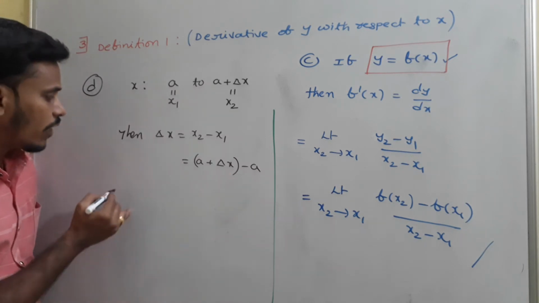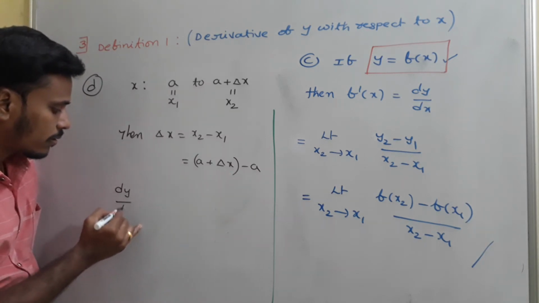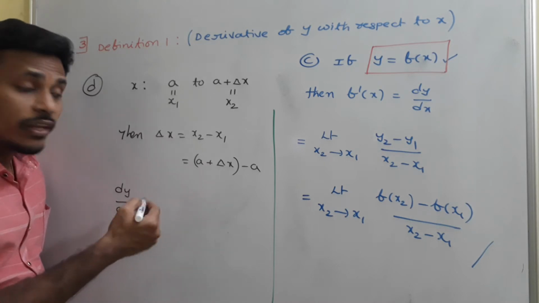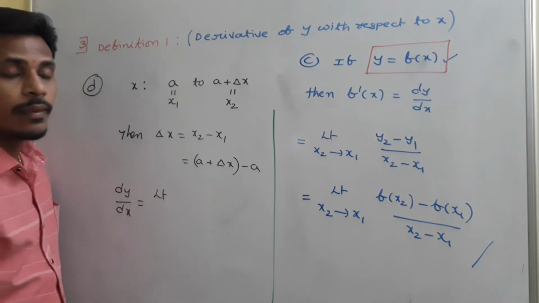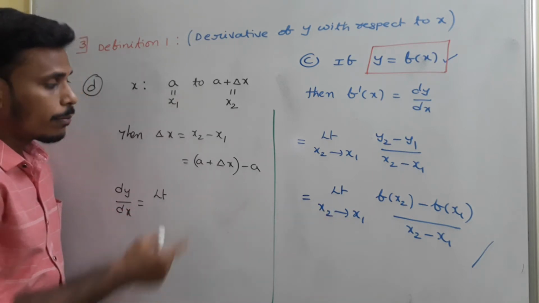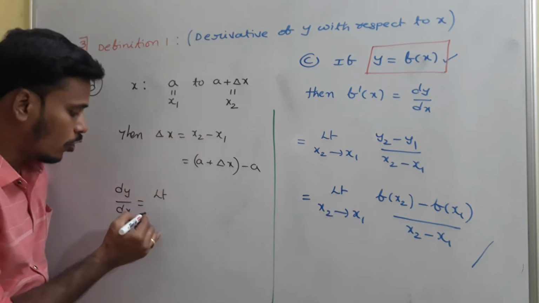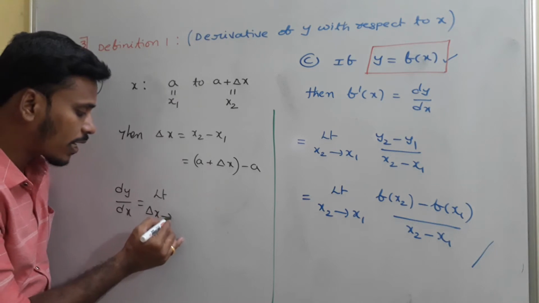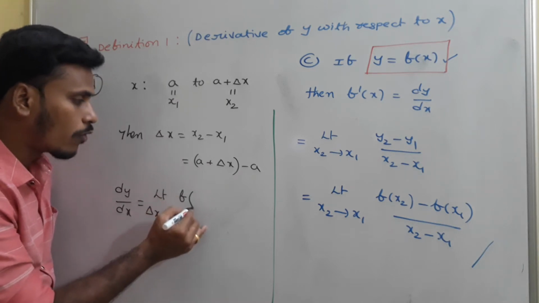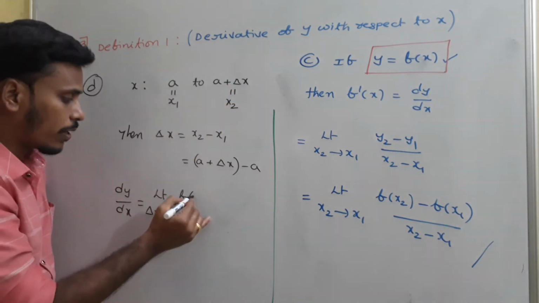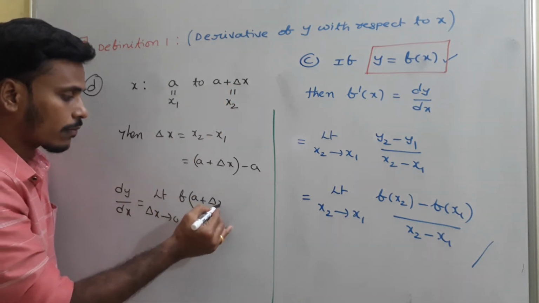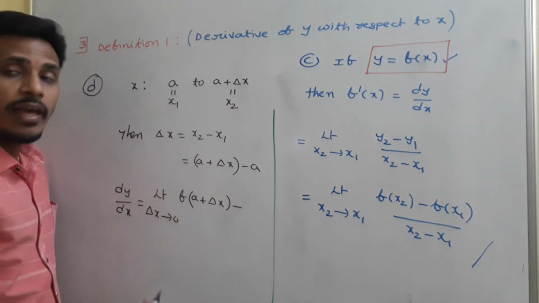So now this dy by dx can be rewritten as limit x2 tends to x1, meaning x2 minus x1 tends to 0, which in turn represents that delta x tends to 0, f of x2. What is x2? Our x2 is here A plus delta x, minus f of x1.